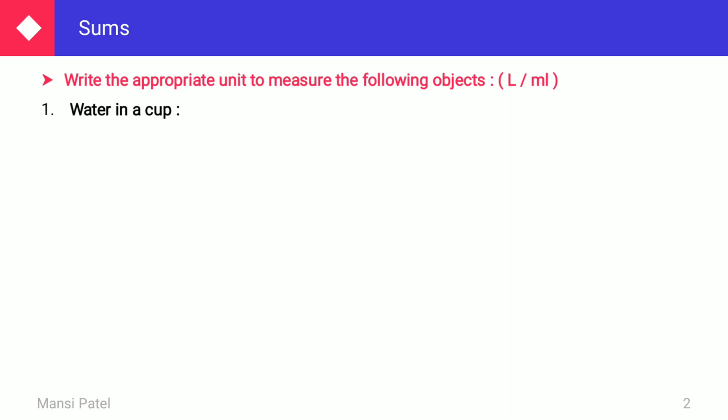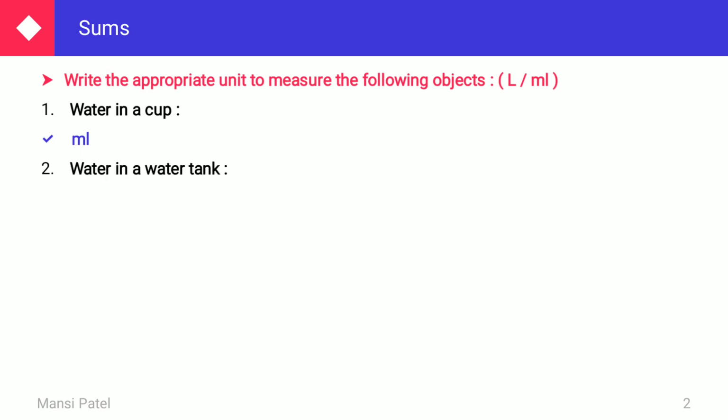Water in a cup. Here our cup is small, so in which unit do we measure the water? Yes, we have to use milliliter.